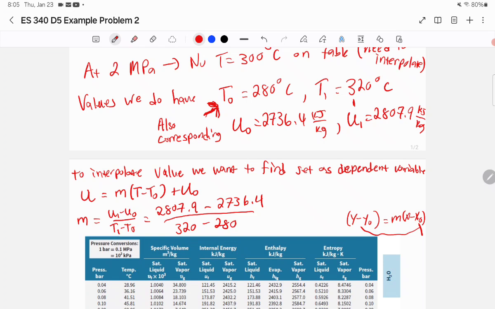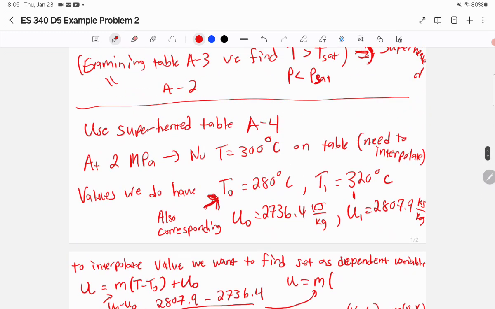Okay, and I'm not going to actually find that value. I would store this in my calculator, which is what I actually did, and use the m in this equation. So then the value is going to be equal to m, which is this thing, times T. Well, T is the value that we wanted to find it at.